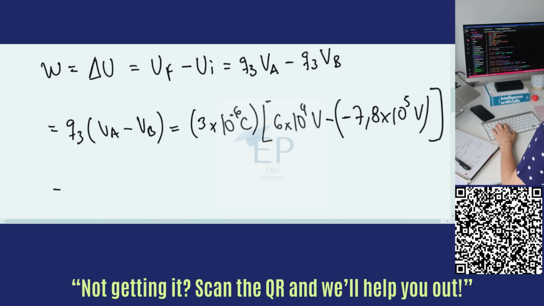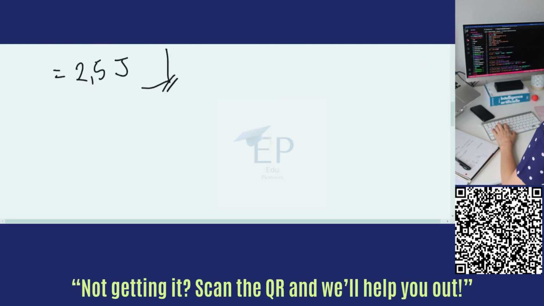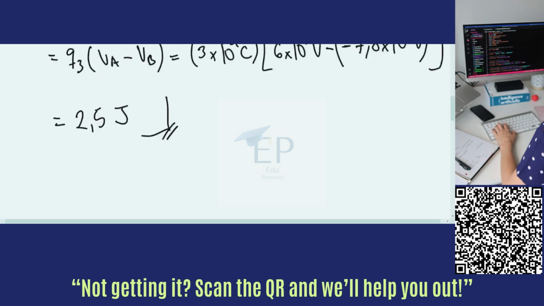So putting this into the calculator, we obtain a value of 2.5 joules. So this is the work done by moving a charge Q3 from point B to A in this rectangular system.